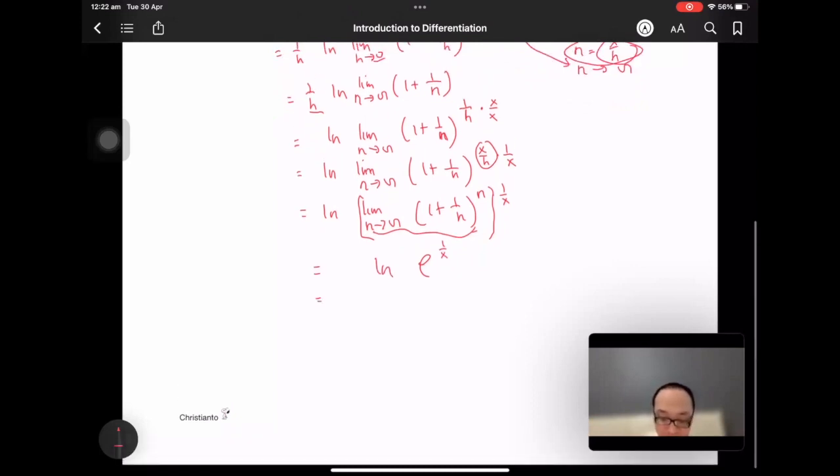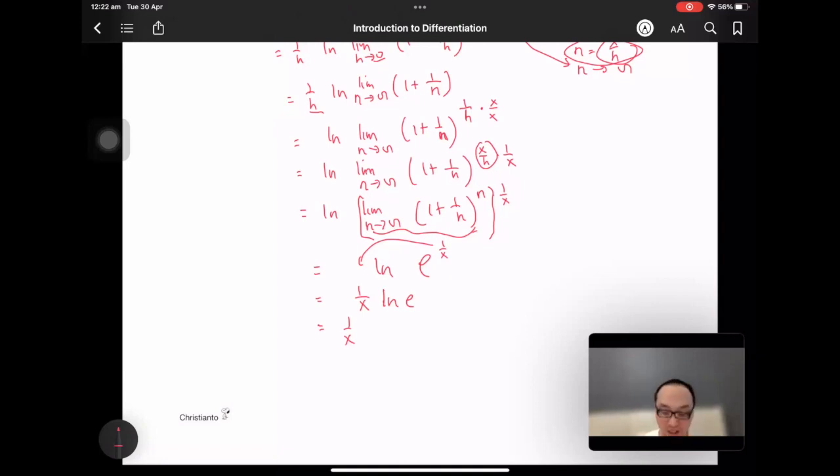Now we have, again using the rule, we can put the power in front. So it's 1 over x ln e. ln e is equal to 1, so it's 1 over x.